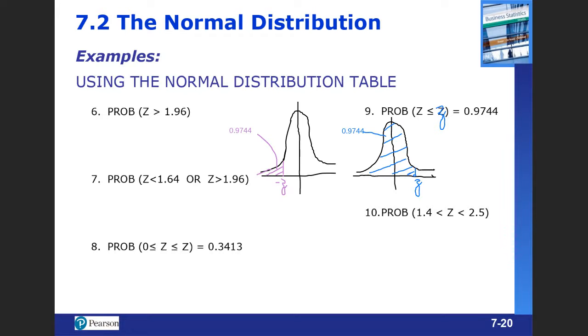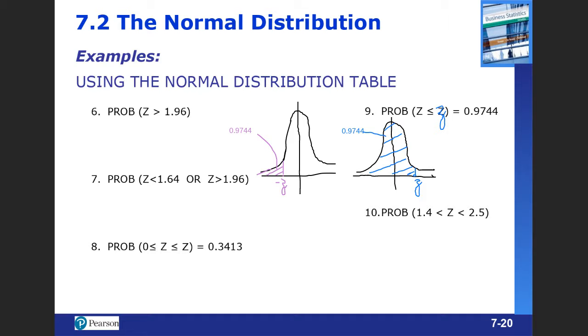Should go positive. Ying, you say positive. Dong Yang, you say positive. Why positive? Want to explain, Ying? Because negative infinity to 0 is going to be 0.5. So 0.9744 is greater than 0.5. Yes, I agree.